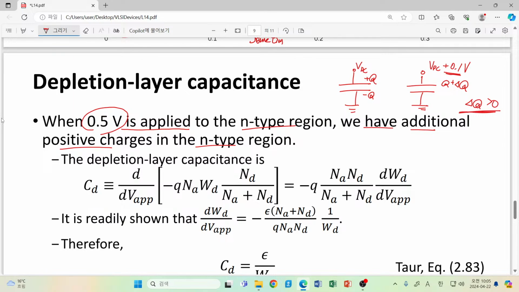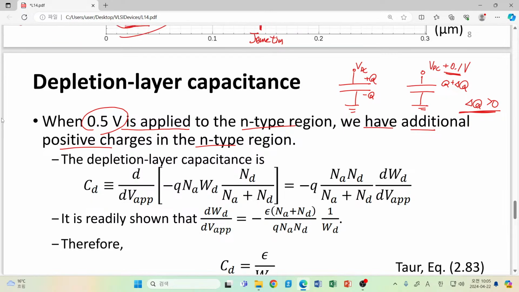If you apply additional positive voltage, then for that contact you expect additional positive charge.